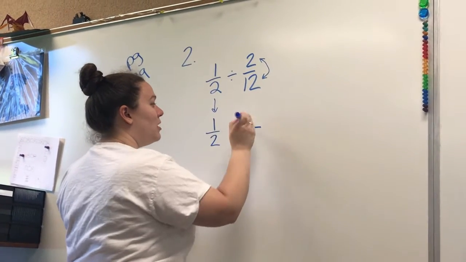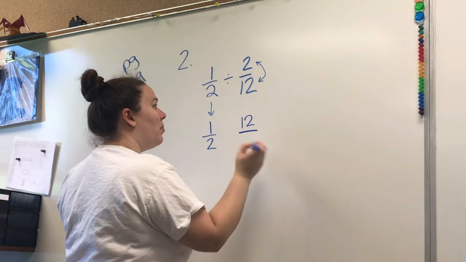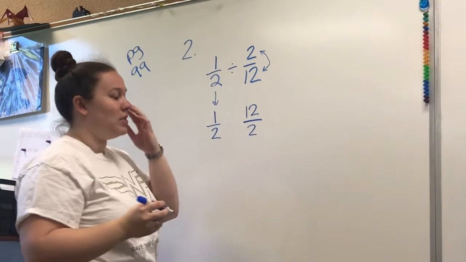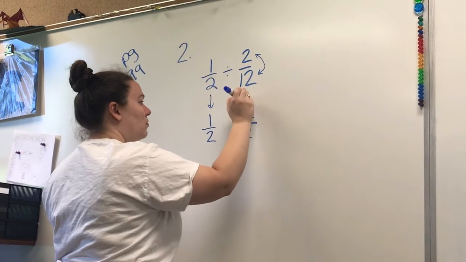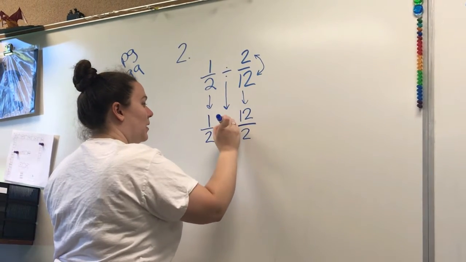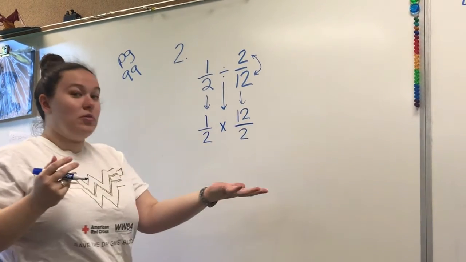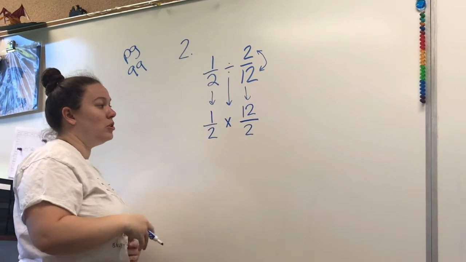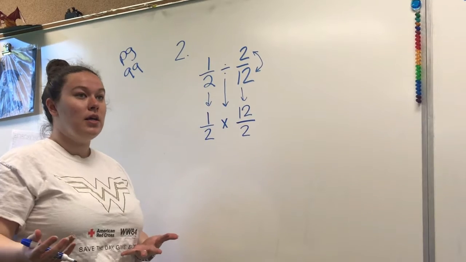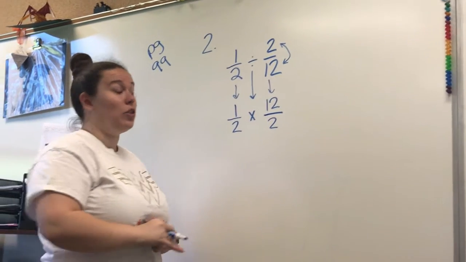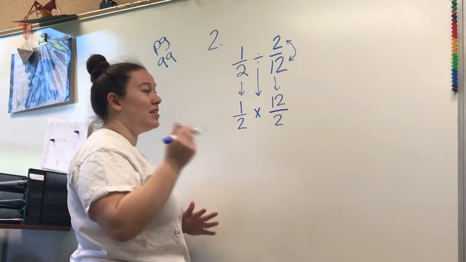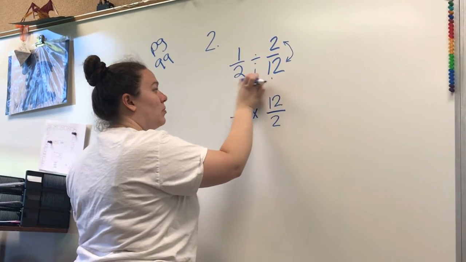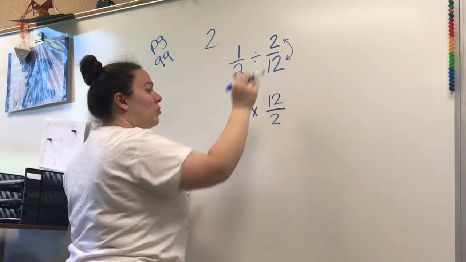So if I flip this, the 12 will be on top and the 2 will be on bottom. And then the C for KFC is change the division to multiplication sign. And then it's just a multiplication problem. Okay? You could just multiply straight across like we did in lesson 2.3, or you can simplify before you multiply like we learned in lesson 2.4.